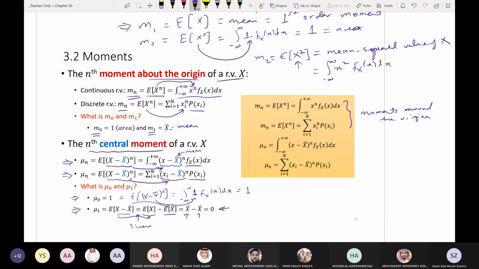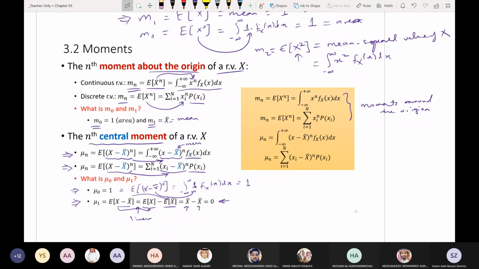And this is basically what gives us the general rule for central moments. So for central moments, we always do the same thing as moments. However, before raising to the power n, we subtract the mean.